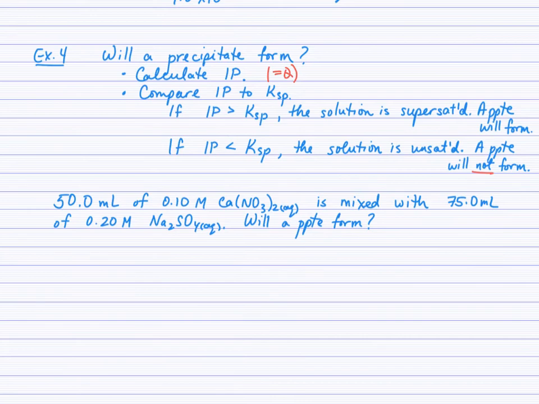When we compare the value of Q or IP to the KSP, if there were a greater concentration of ions than there are at equilibrium, the solution will be supersaturated. So if IP is greater than KSP and the solution is supersaturated, then recrystallization will occur and a precipitate will form. If IP, on the other hand, is less than KSP, then that solution is unsaturated. The reverse reaction cannot occur and a precipitate will not form.